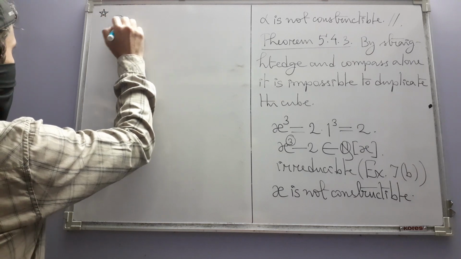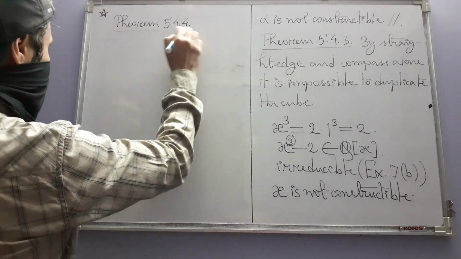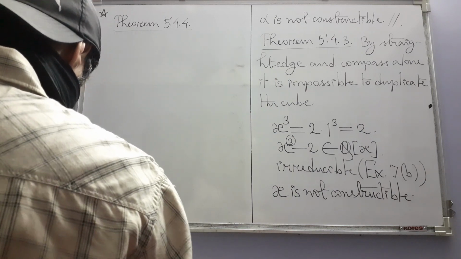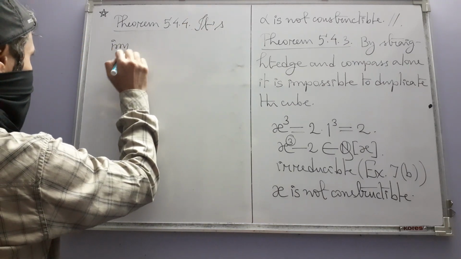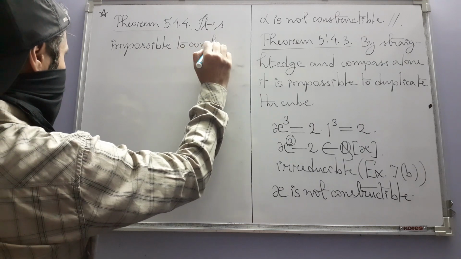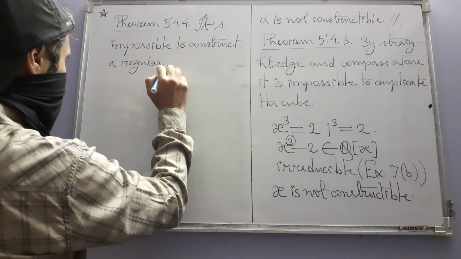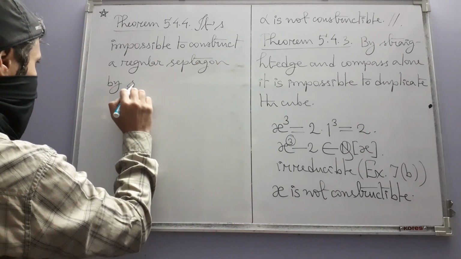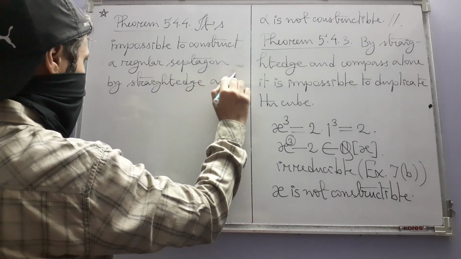That is the last theorem of this section, and the statement is just that it's impossible to construct a regular septagon by straightedge and compass.